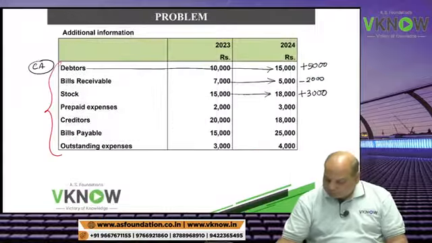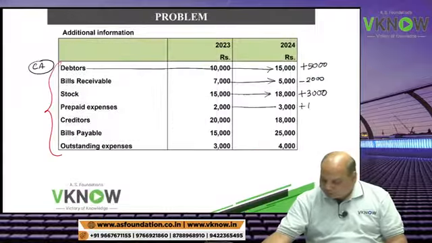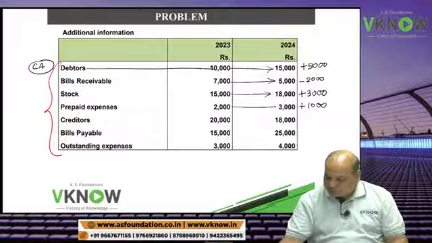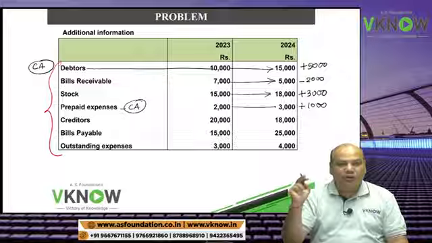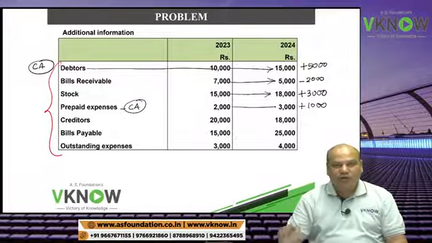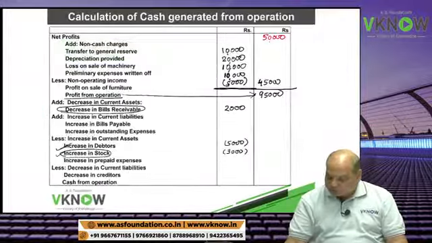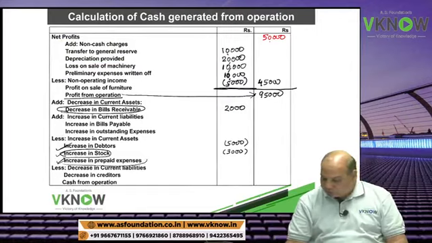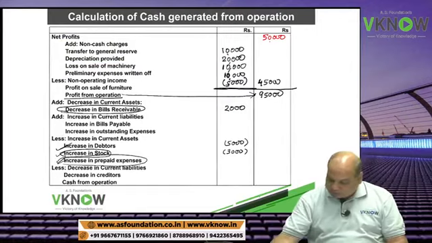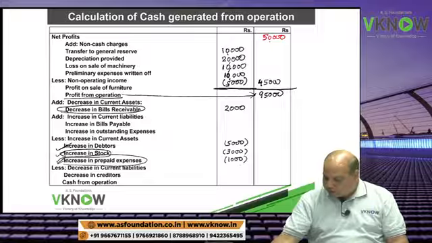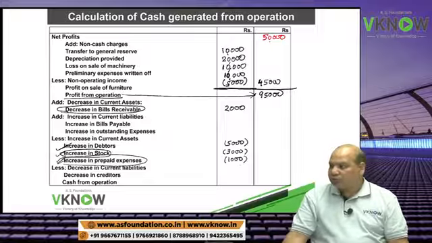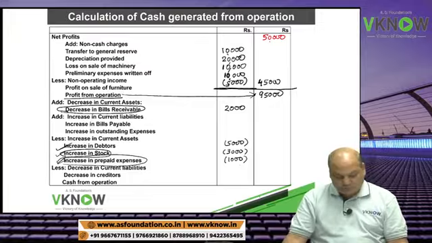Next item, prepaid expense. Prepaid expense plus 1000. This is also a current asset item. Same answer, increase in current asset, decrease in cash flow. Last fourth line below, increase in prepaid expense, decrease in cash flow, 1000 rupees.